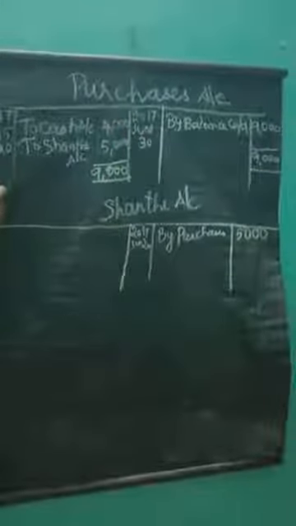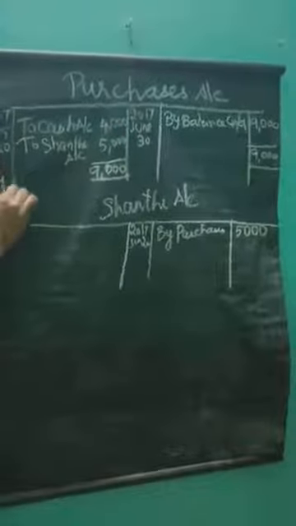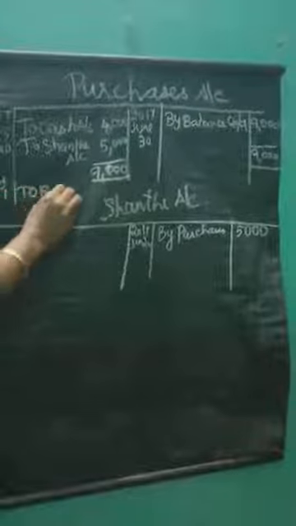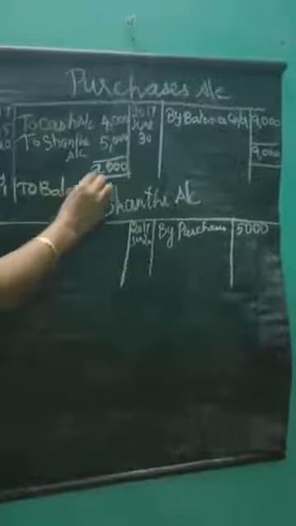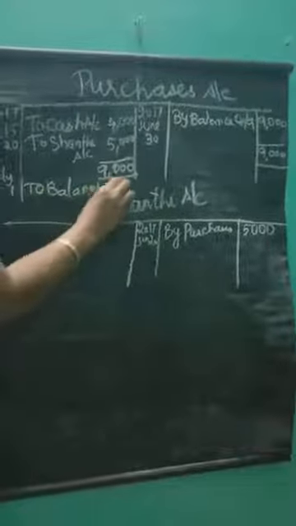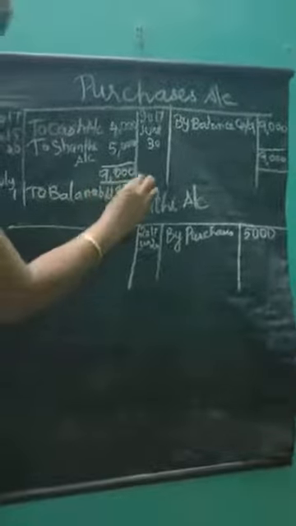Next, July 1, to balance brought down 9,000. So purchases is in his account, purchases rupees 9,000 at the month beginning. Here also you can write June 30 we have completed.